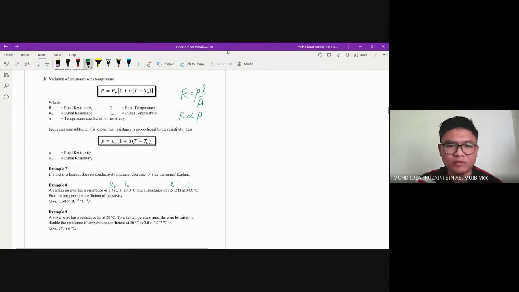Okay, soalan ni simple sangat sebenarnya. Tak apalah, buat je lah. So R is equal to R0 (1 plus alpha (T minus T0)). Okay, so R kita ialah 1.512 sama dengan 1.48 (1 tambah alpha, yang kamu nak cari, kali T ialah 35 tolakkan dengan 20).